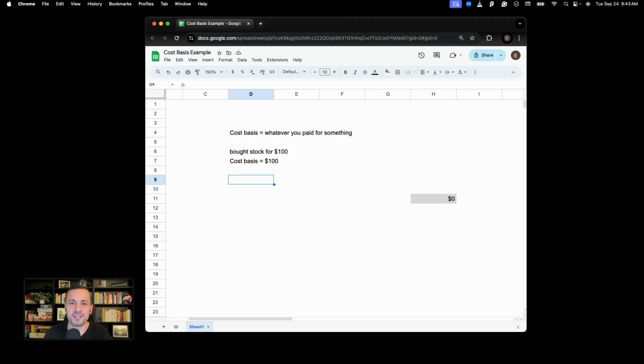With RSUs, it gets a little bit weird because, if you've received RSUs, you know this, you actually don't ever purchase the stock. It vests and then it becomes yours. So let's say you have an RSU vest for $100. Your cost basis on that RSU should also be $100.